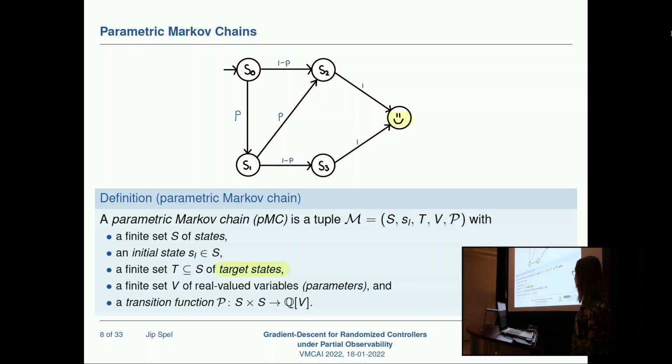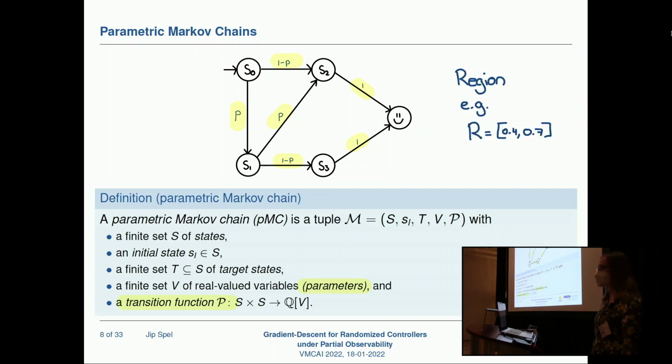And finally, we have parameters and transition functions. You can see that instead of fixed probabilities, these parameters occur at the transitions. For our parameters, we have some region in which they must lie. For instance, in this case, a region could be that P should be between 0.4 and 0.7. And this is given.